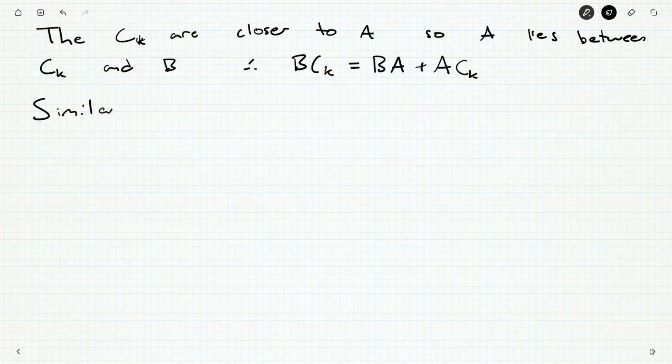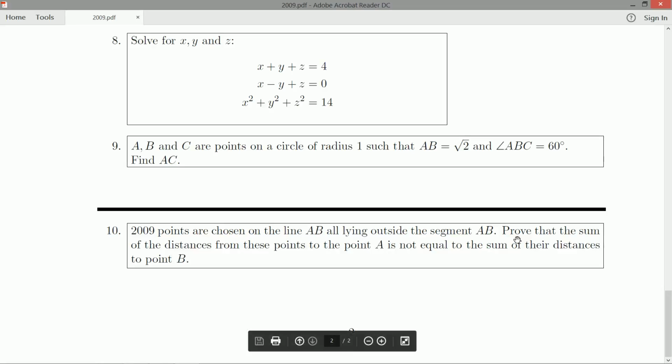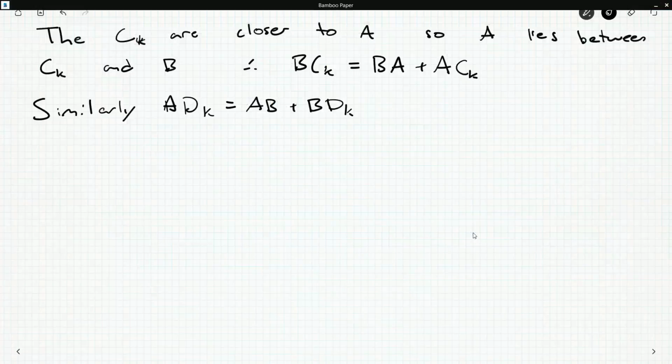And we'll say similarly, ADK can be split up into AB plus BDK because B lies between A and any of the D's. If it didn't, then they'd be closer to A. And I think this is why they say in the question that all of the points are lying outside the segment.